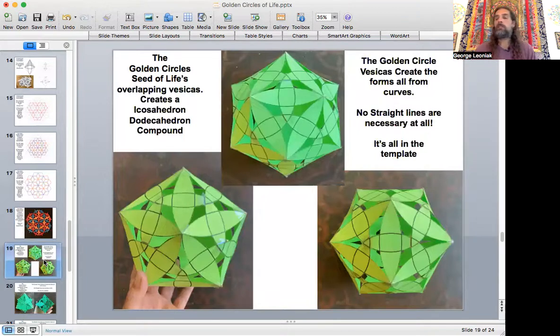Now, instead of making the single petals, I'm going to take the petals of the dodecahedron, which really is the glue in this, to bring along the flower of life edges that we see here.